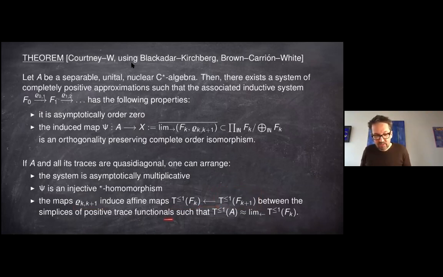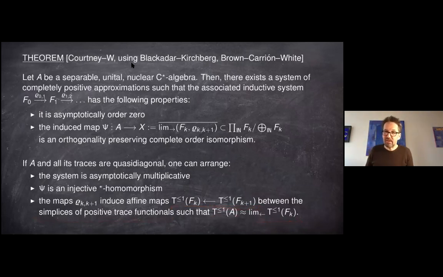and these are affine maps between simplices, finite dimensional simplices, and then you can arrange things so that the trace functionals on A of norm equals 1 are just the inverse limit of these spaces here with these maps.